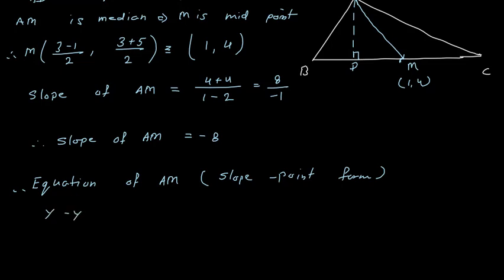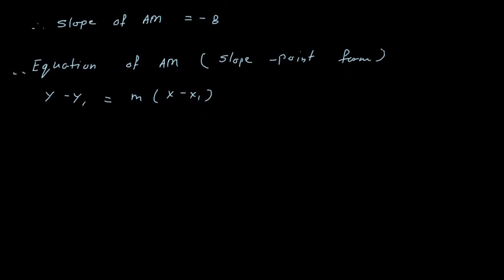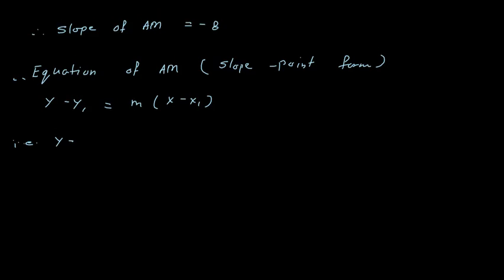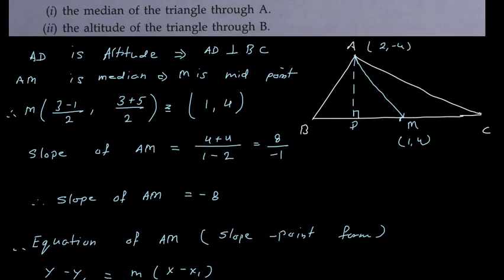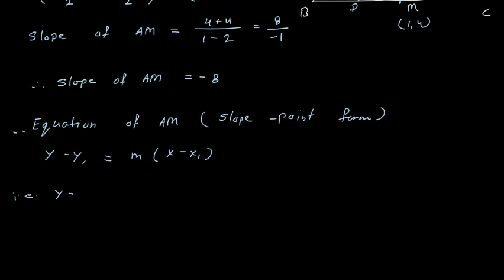So it is y minus y1 is equals to m into x minus x1. That is y minus, what is y1? y1 is minus 4. So it will become y plus 4 is equals to m.